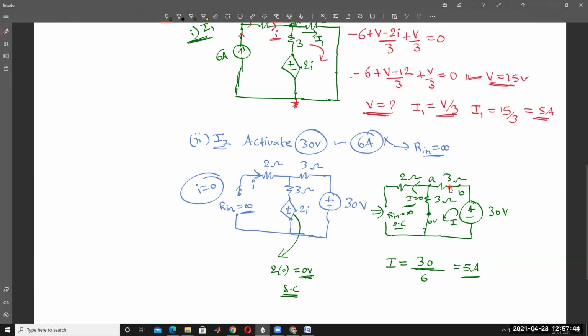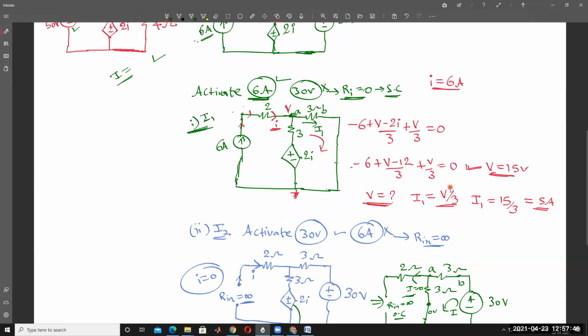Understood? Here I1 is A to B. What is the current direction? A to B, I1.